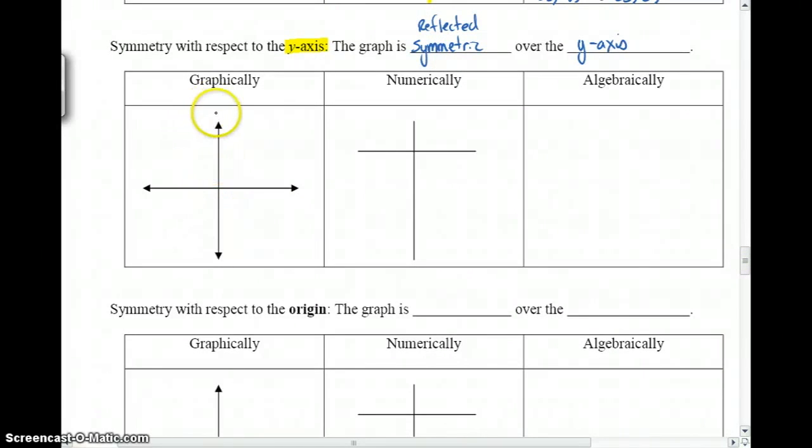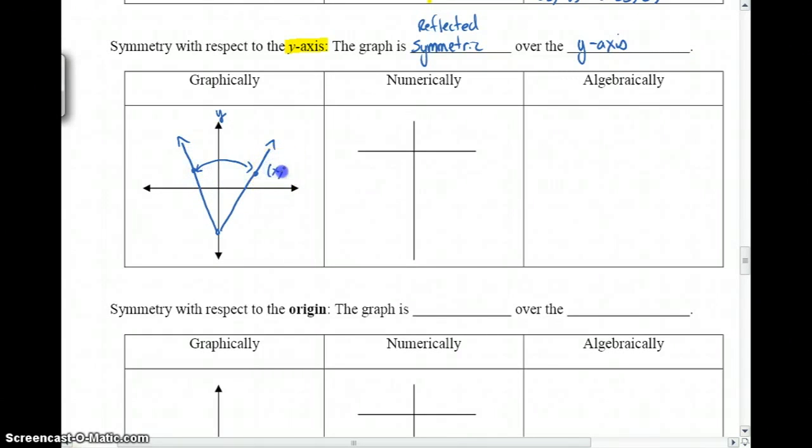Again, graphically, I'm going to find my y-axis, and I know that it's going to be a mirror image over this y-axis. So I could do something like this. This, pretty good drawing, is a graph of a function that is symmetric over the y-axis. It's a mirror.